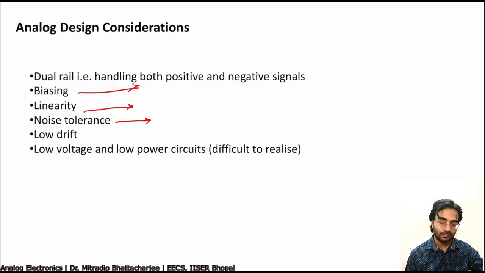It's not a good thing, so you have to consider low drift. Then low voltage and low power circuits are always desirable. You want low power, you want low voltage. But in the analog case, it's not very easy to realize. However, the target is to use low voltage and low power.